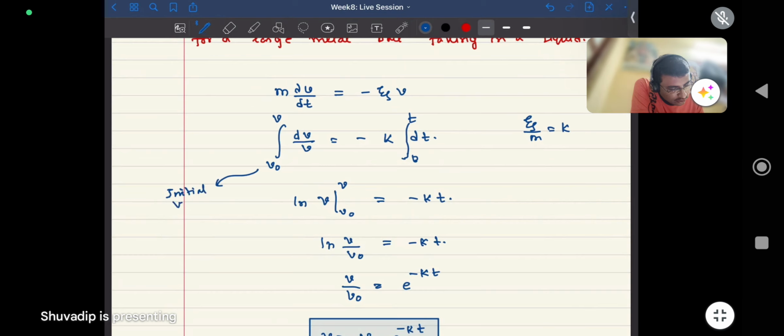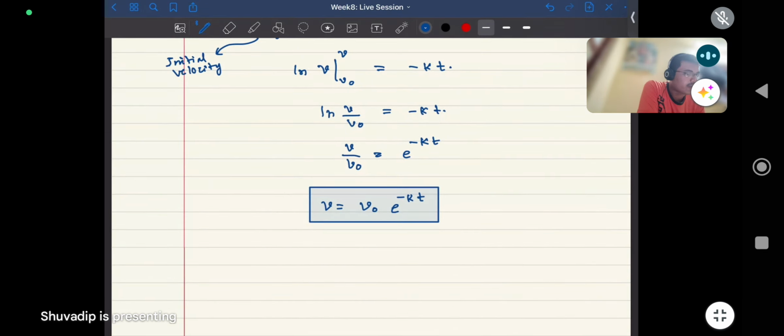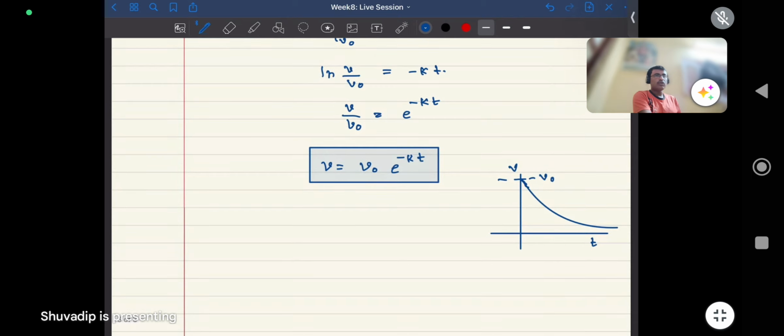If I plot velocity versus time, it will be some exponentially decaying function, starting from t equal to 0 at v0, and going to 0 after some time, but we have to wait a long time to see actually 0 velocity.